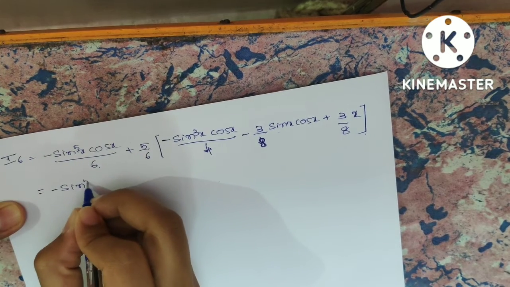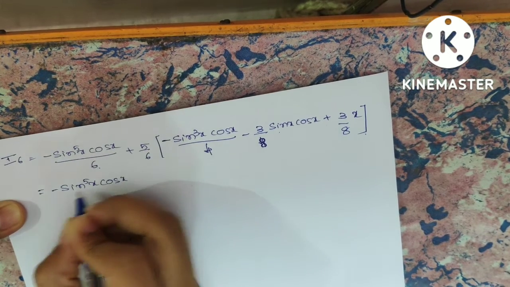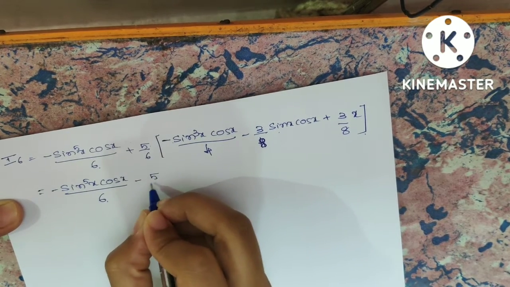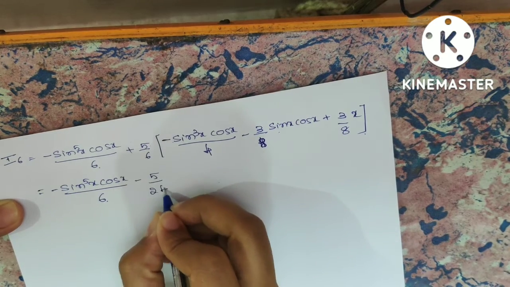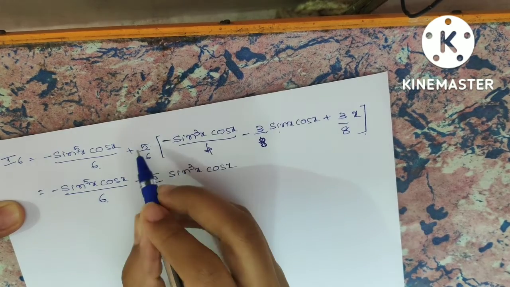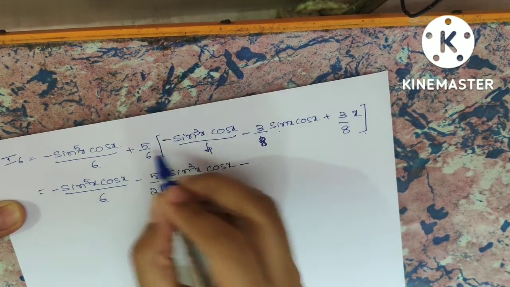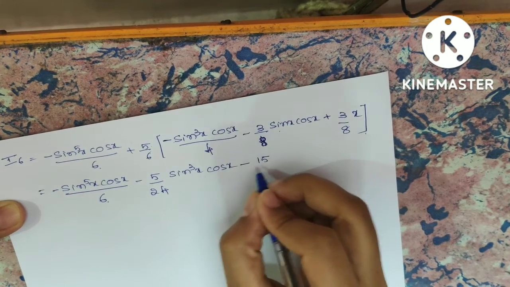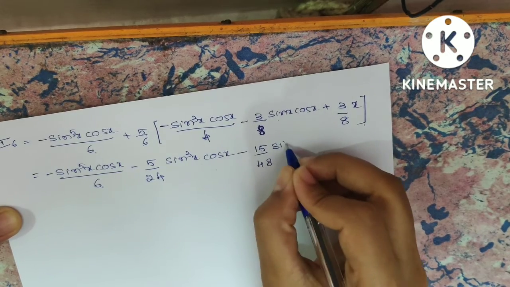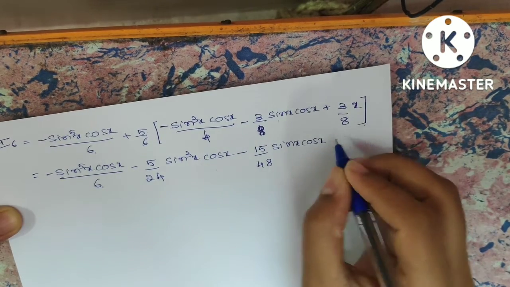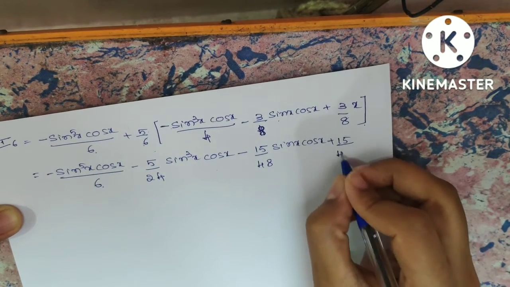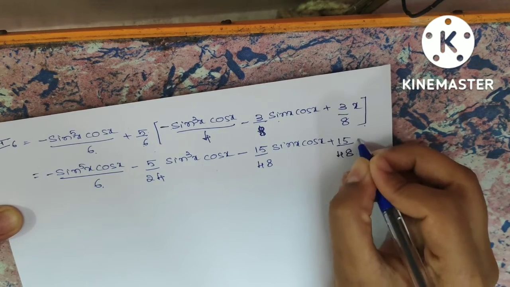Minus sin power 5x cos x by 6, plus into minus is minus 5 by 6 4s are 24 sin cube x cos x, plus into minus is minus 3 5s are 15 divided by 6 8s are 48 sin x cos x, plus 3 5s are 15 by 6 8s are 48 x.